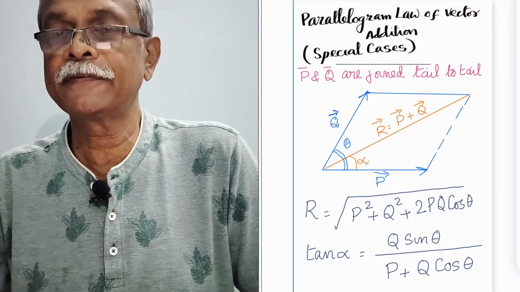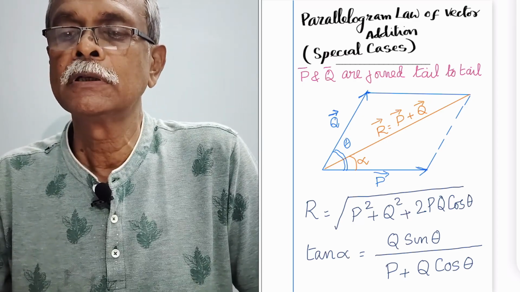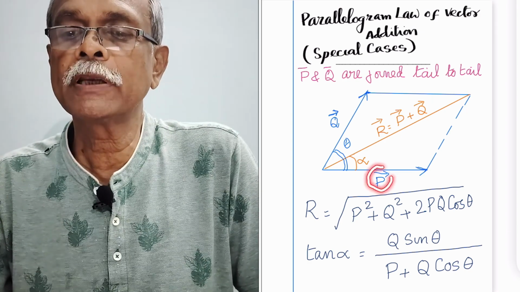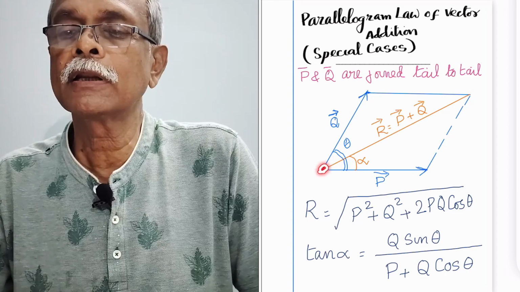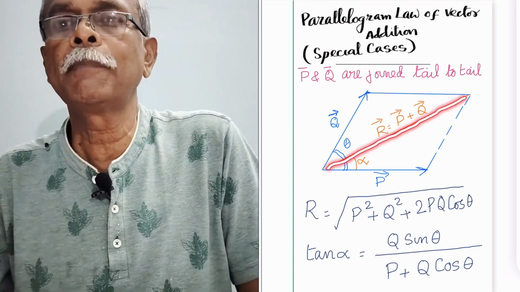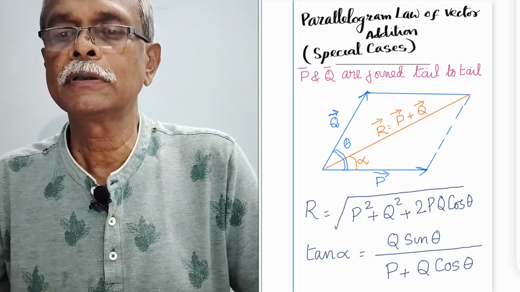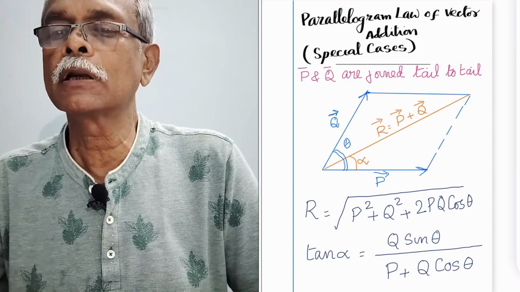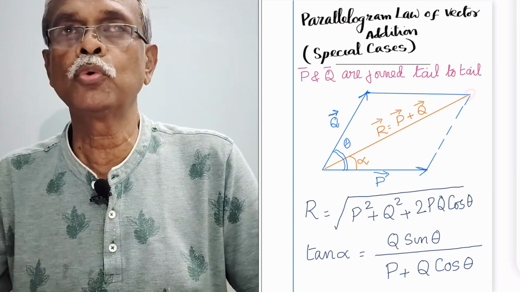The formula is this: this is P, this is Q, these two vectors are joined tail to tail, and this vector represents P plus Q, which is the diagonal of the parallelogram drawn from the point where the two vectors join, to the other point. That diagonal represents R is equal to P plus Q.